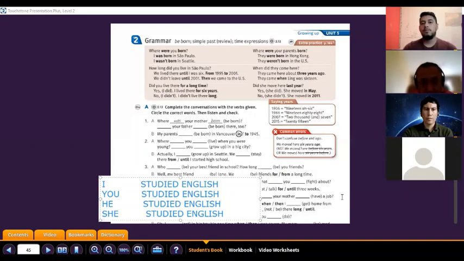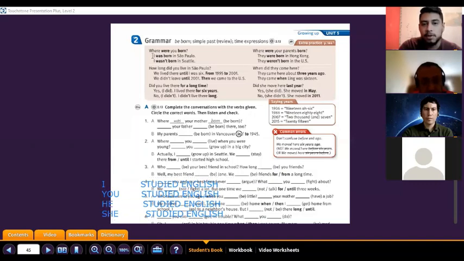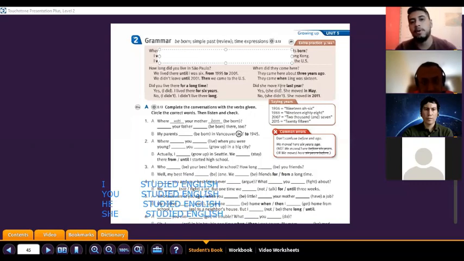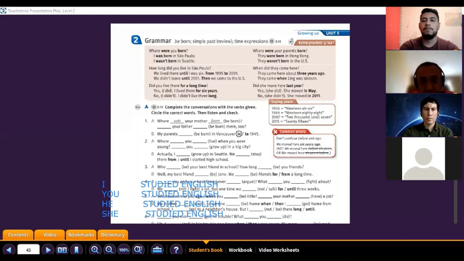But if someone is asking you about a group of people, where were your parents born, two or more people, you can say they were born in Hong Kong. Here we have the structure: a subject, I was born, the verb in past, in this case the verb to be. I was born in Sao Paulo. Where were your parents born? They were born in Hong Kong.